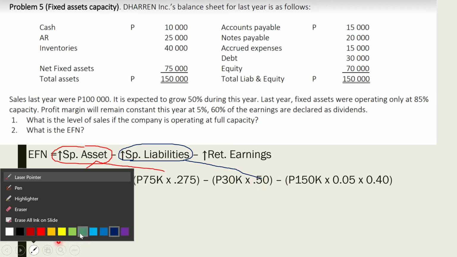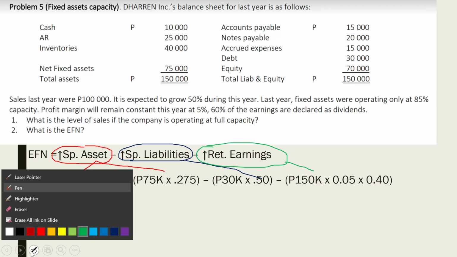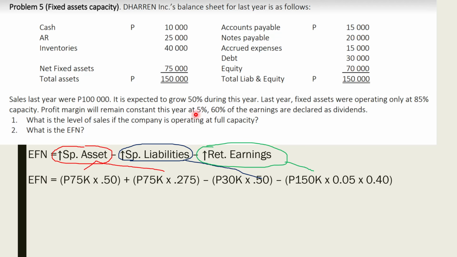As for your retained earnings growth, minus the growth in retained earnings, we have sales next year, 100K times 1.5, 150,000, times the profit margin of 5% times the plowback ratio. If your payout ratio is 60%, your plowback ratio must be 40%. Then there you go.